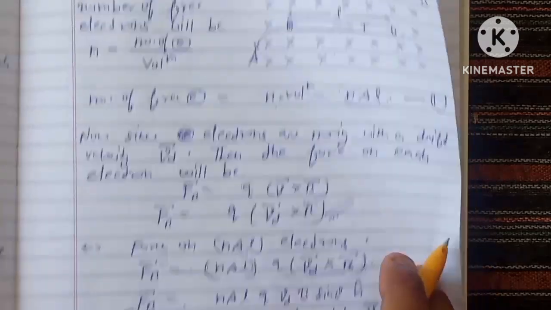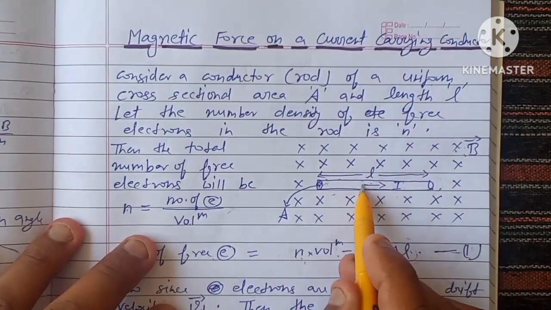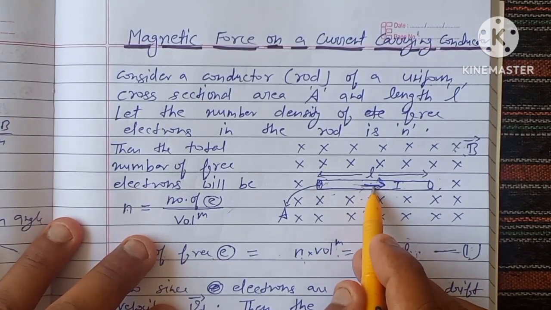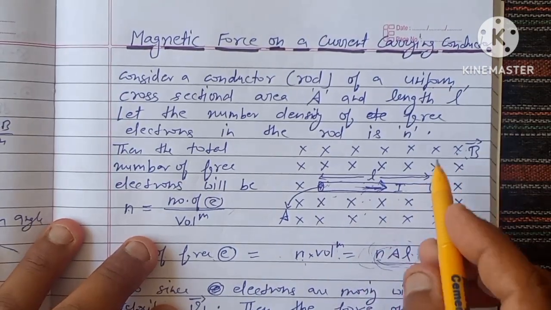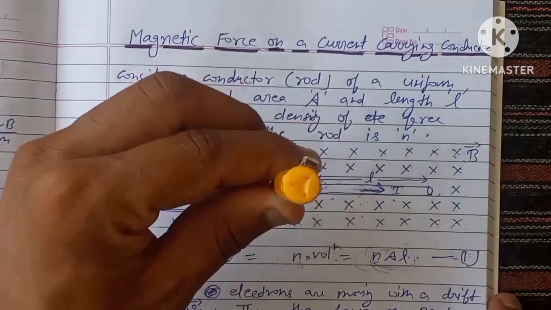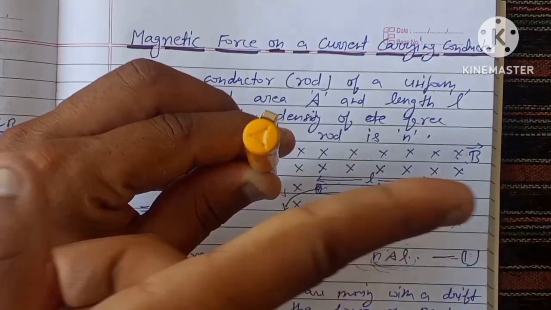Let me show it here. So if I take this diagram, here the current is flowing in this direction. So this is the direction of my length vector. And the direction of magnetic field is into the page. Means this is my magnetic field into the page and the length vector is in this direction.